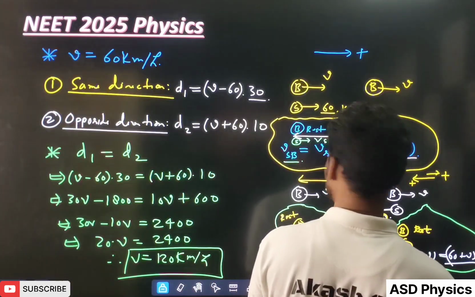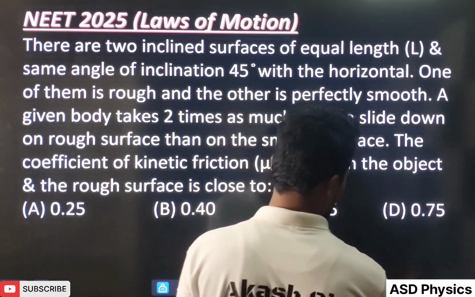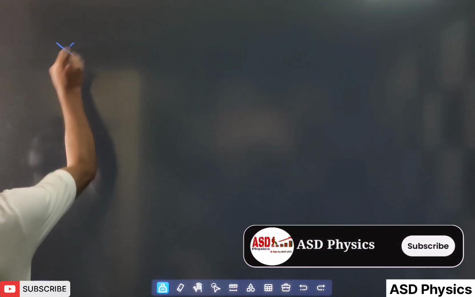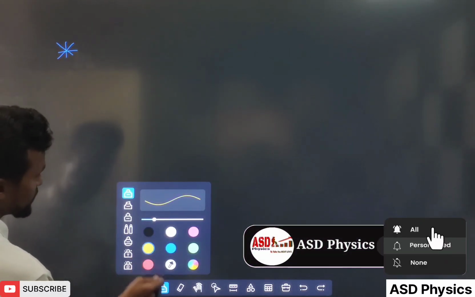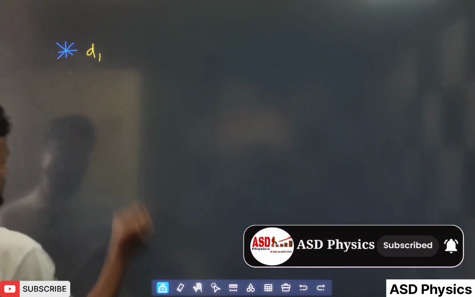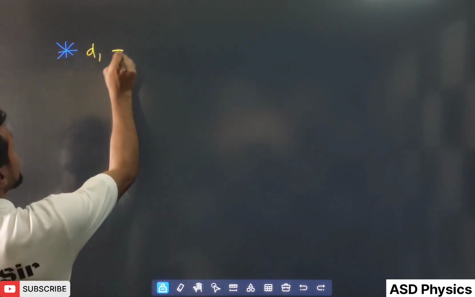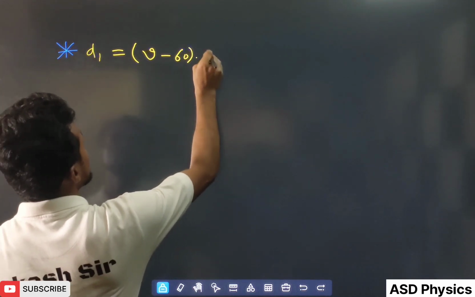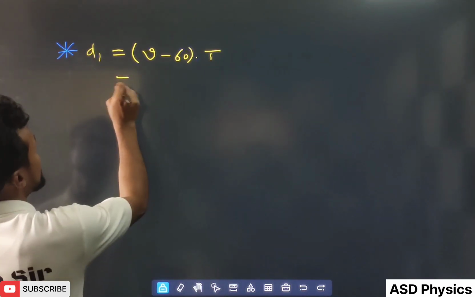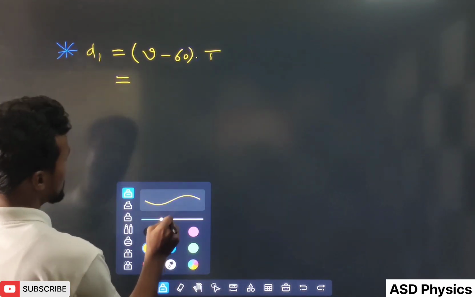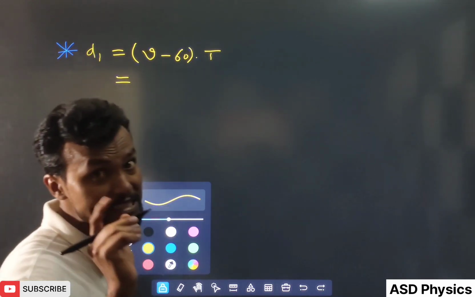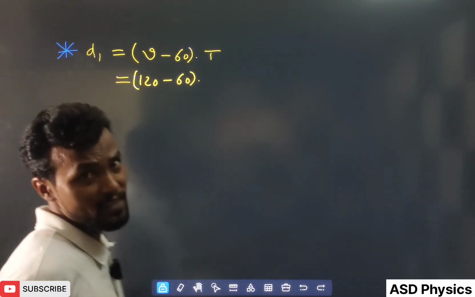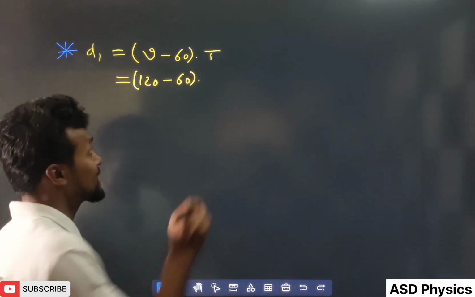See, if I calculate this, the distance between the buses is D1. D1 in the same direction is V minus 60 into T. V is 120, so 120 minus 60, and the time in the same direction is 30 minutes.